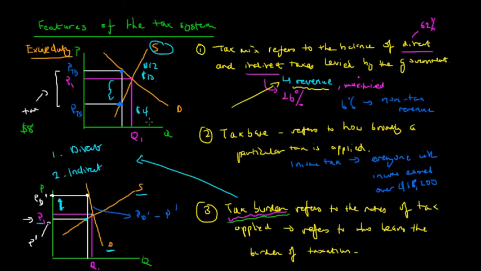So depending on the relative elasticity, the tax burden will lead to different burdens borne by either suppliers or consumers. They're the three major features of our tax system: the tax mix, the tax base, and the tax burden.